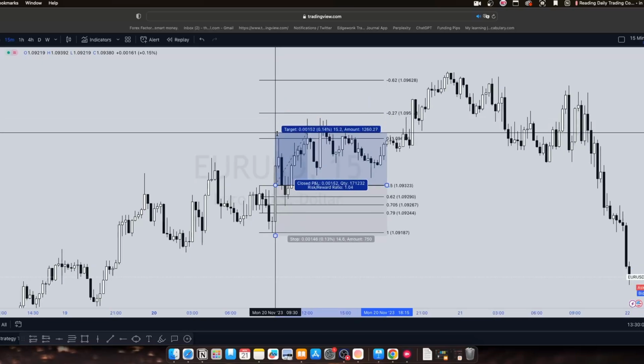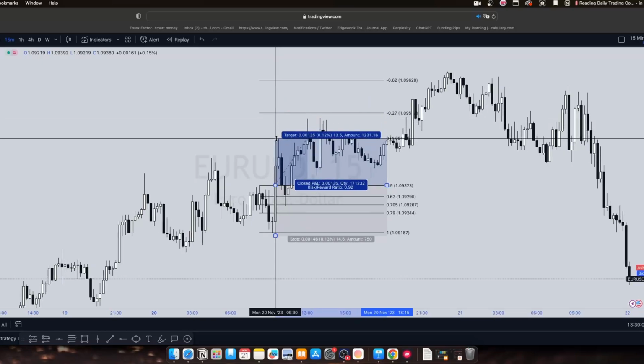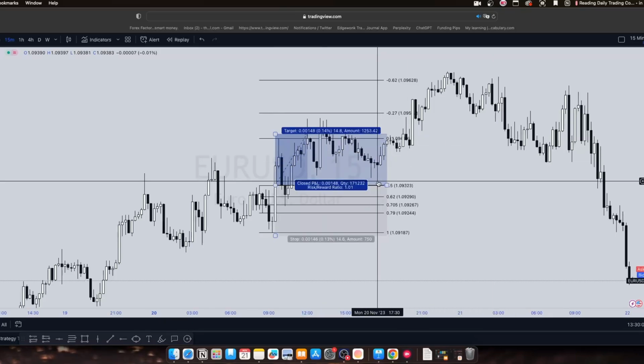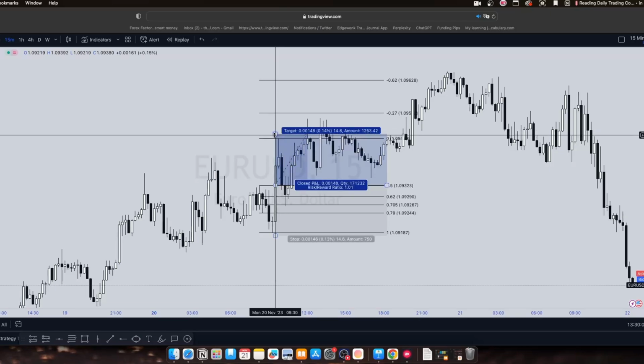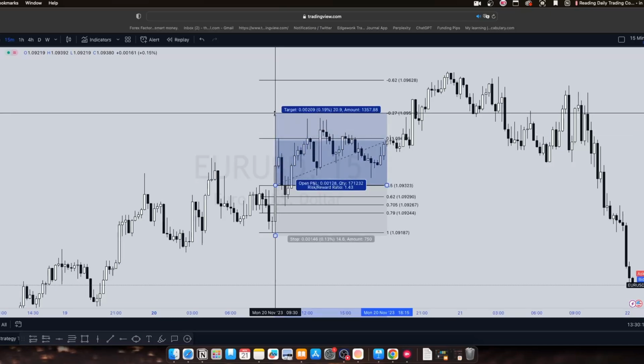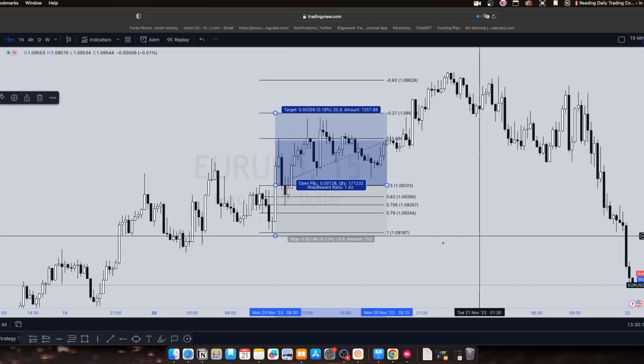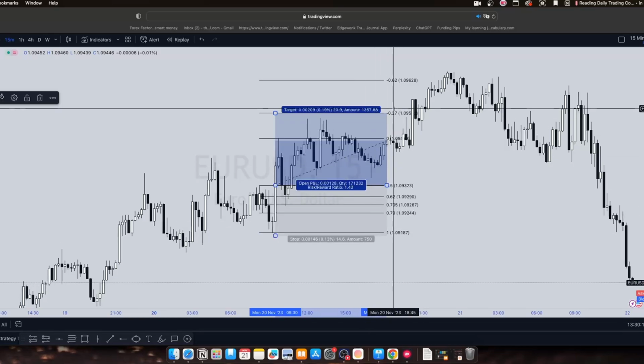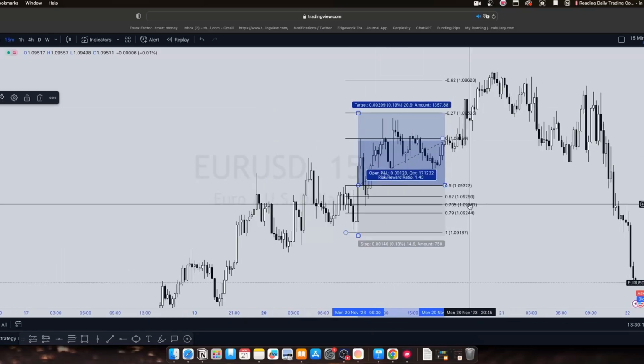And then you just set it to 1 to 1. You need something that's going to have the same SL and take profit structure all the time. It was easy for me on the fib because my levels were my SL and my take profit. My SL was the one right here. My take profit was this. It's that simple, so it was easy to structure my trades. You're going to need to do something like that as well.